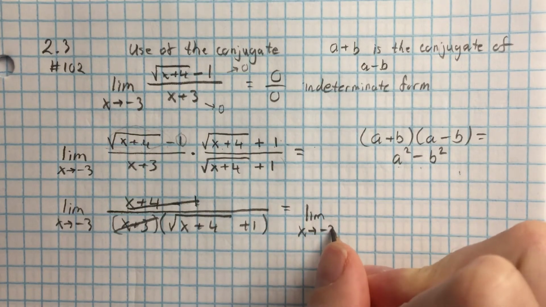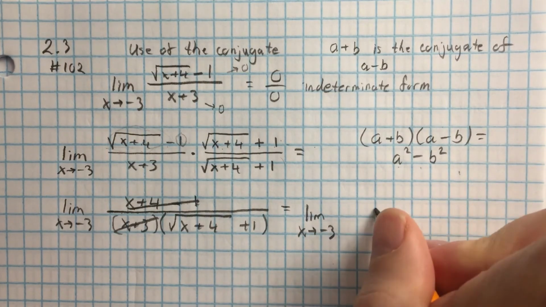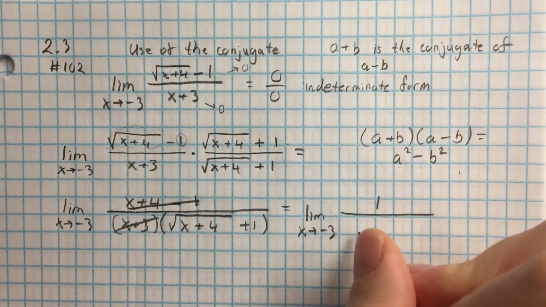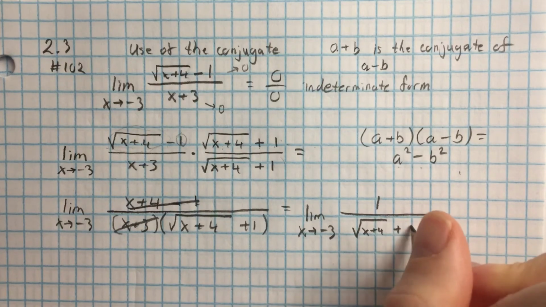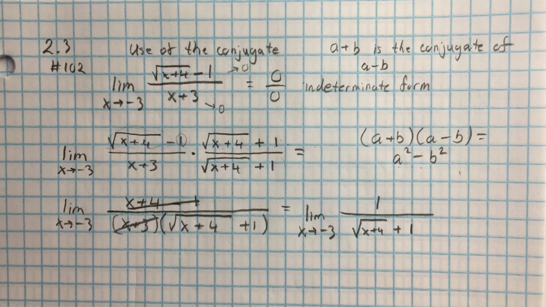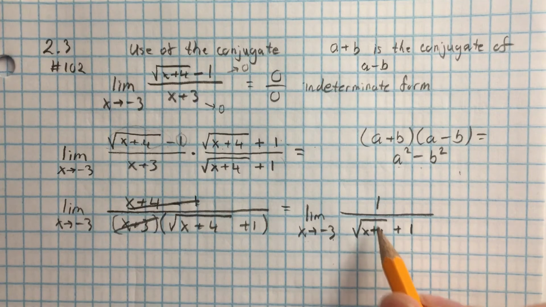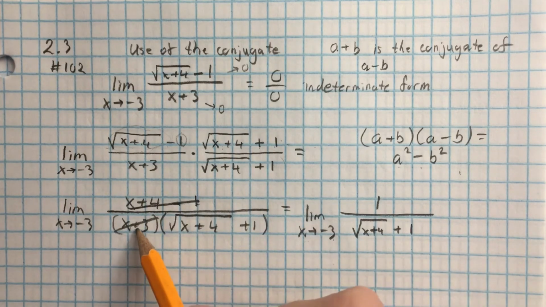x approaching negative 3 of 1 over our conjugate, the root of x plus 4 plus 1 down there. But now, as x approaches negative 3 in this expression, what will happen? I will get the radical of negative 3 plus 4, which is 1. 1 plus 1 is 2. The bottom is no longer heading towards 0 because I removed that factor that was causing it.